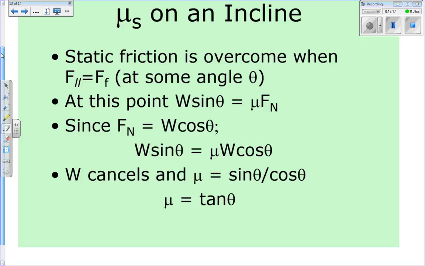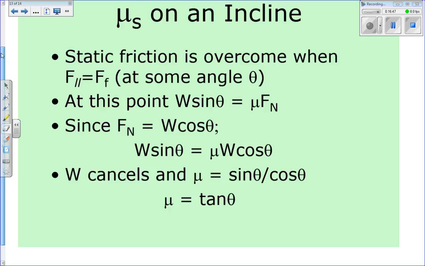And lastly, to find the coefficient of friction of the inclined plane, static friction gets overcome when the parallel component of the weight is equal to the friction force. So if you put an object onto something that's going to be an inclined plane and start raising that inclined plane, when you get to the point where the object starts to slide, that's where the static friction gets overcome.